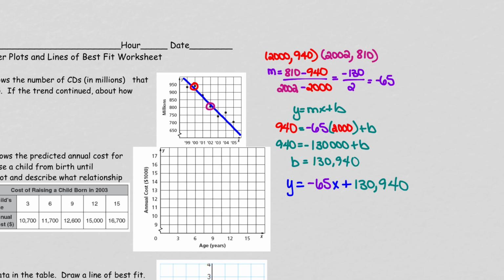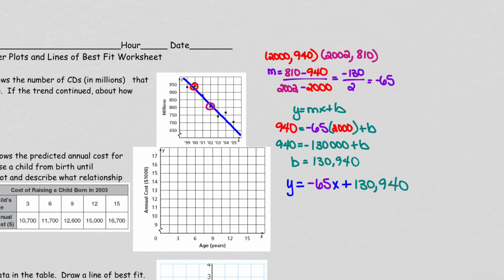Now, if you work this problem, you may not find the exact same line that I did. It's highly likely that you won't, but you'll get very close to mine. You might have like negative 59 for the slope, I don't know, and 120,000 for the y-intercept, something like that. Let's also think about this in context.